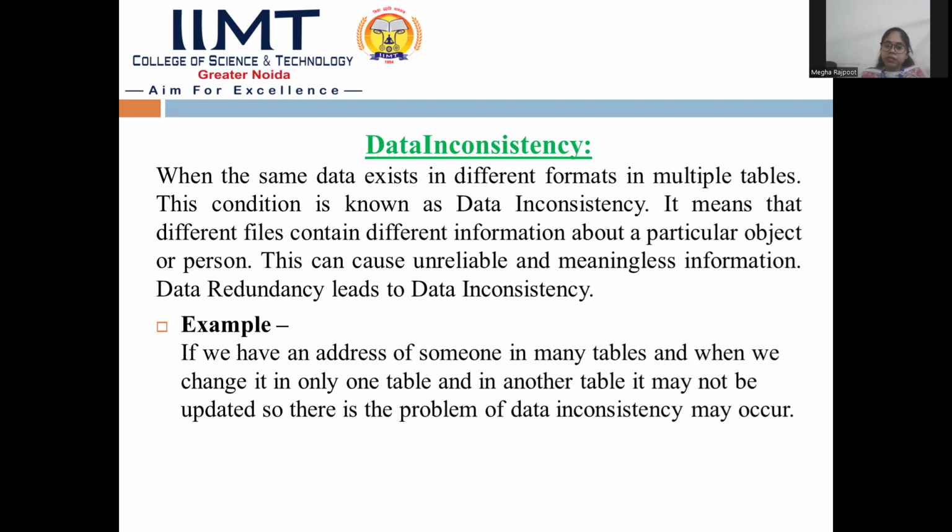Data redundancy leads to data inconsistency. For example, if we have the address of someone in many tables, and when we change it in only one table, in another table it may not be updated. So a problem of data inconsistency may occur.